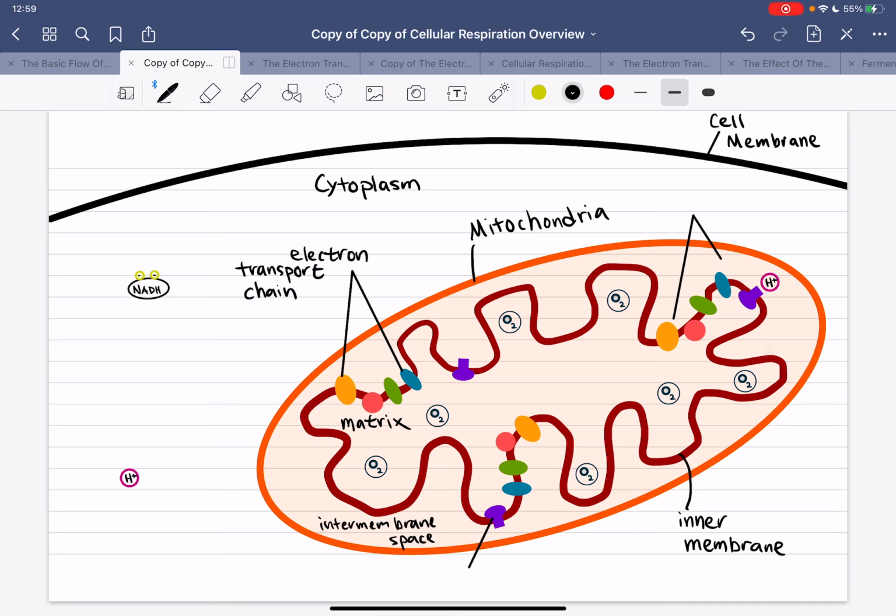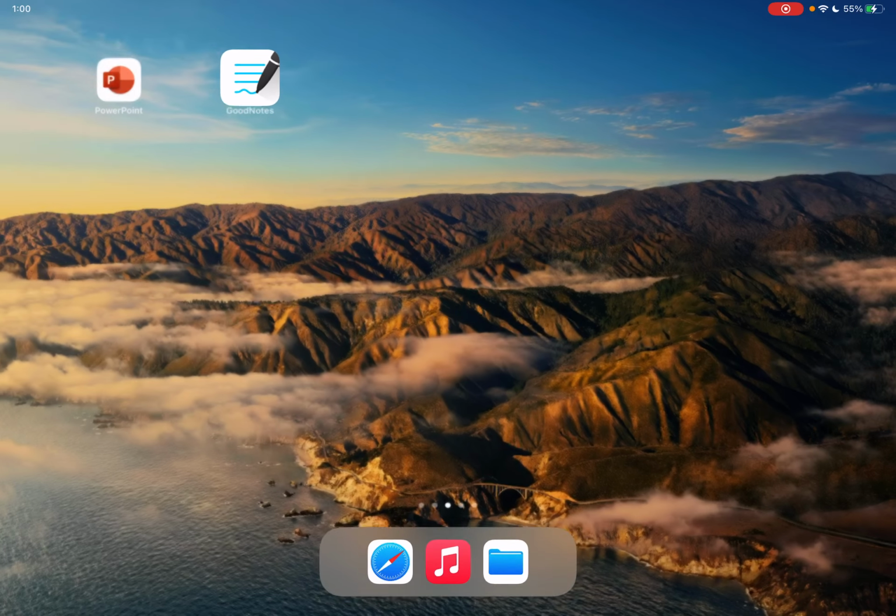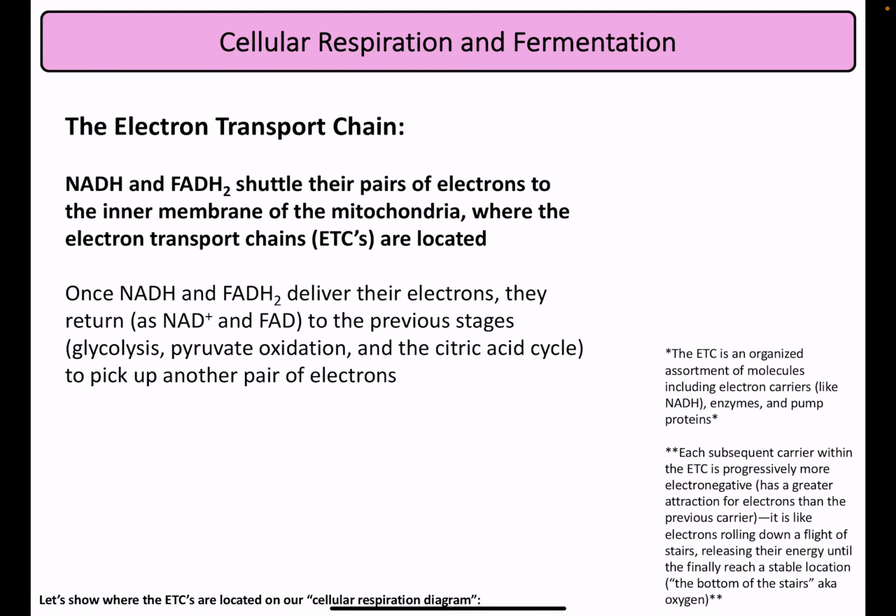You have thousands of them embedded into the inner membrane. Obviously, I didn't want to draw thousands, so I drew three. But let's just label these as ETC. It's the same thing. And for now, that's all we're going to label here. We're going to come back to this drawing. So now we understand where stage 4 is happening. It's happening along the inner membrane of the mitochondria.